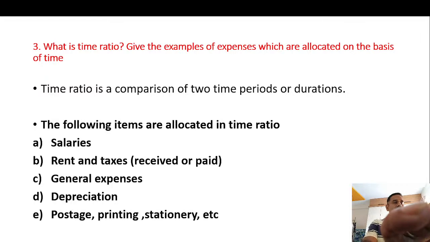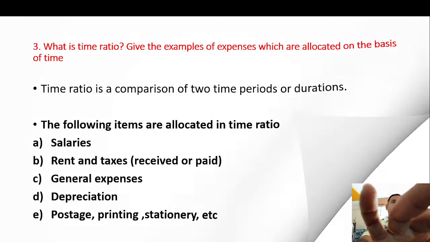The ratio you calculate for before and after is called the time ratio. The following items are allocated on the time ratio: salaries, rent and taxes, general expenses, depreciation, postage, printing and stationery, etc. Very easy question, you can write easily.